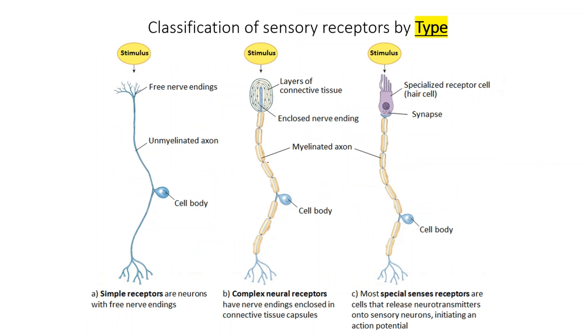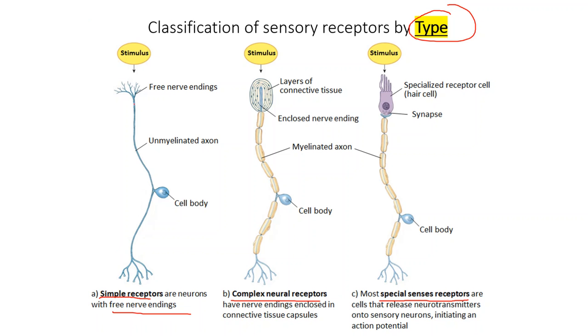Okay, now we're going to talk about sensory receptors, which are obviously these cells that sense stimuli and initiate a response. Now, we can classify sensory receptors by type. There are simple receptors, complex neuroreceptors, and special sense receptors. The simple ones are neurons with free nerve endings. Simple as that.